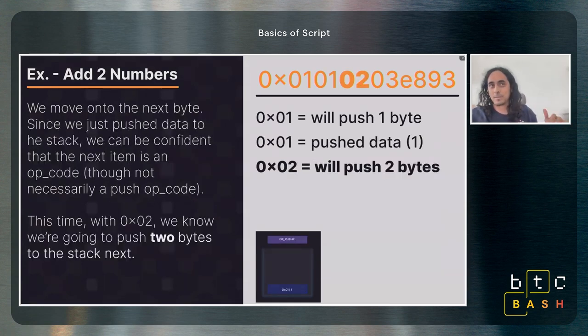Once you study these opcodes enough, you'll know that 02, or most of the numbers up to 0x76, are all opcodes that push data. So I know, okay, 02, cool. We're now looking at another opcode that prepends a data push, and we know it's going to be 2 bytes.